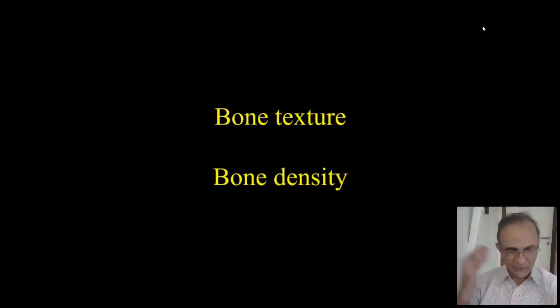So when I say coarse trabecular pattern, you think of Rickets. Rickets is coarse trabecular pattern. When I say uniform density without trabecular pattern, think of scurvy, which has no trabecular pattern at all.